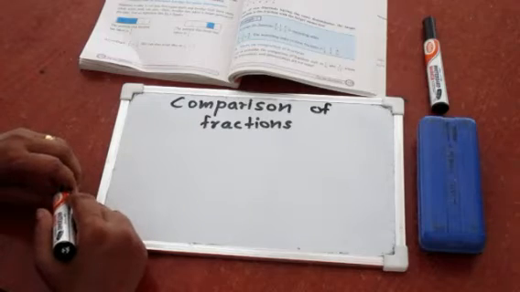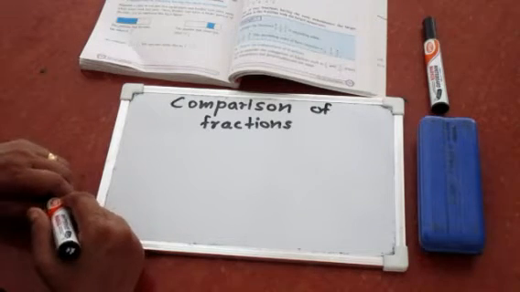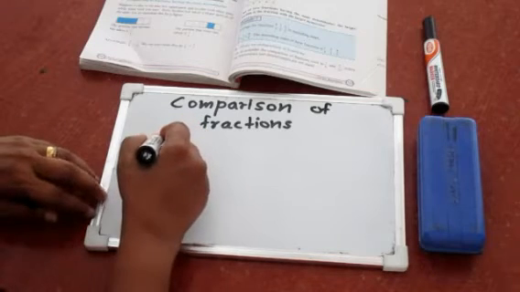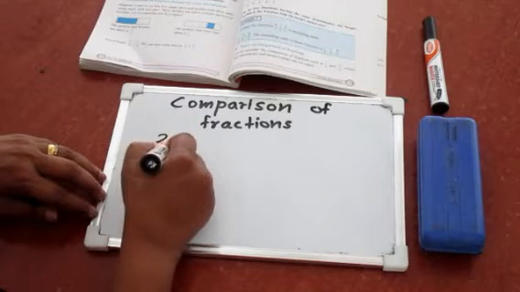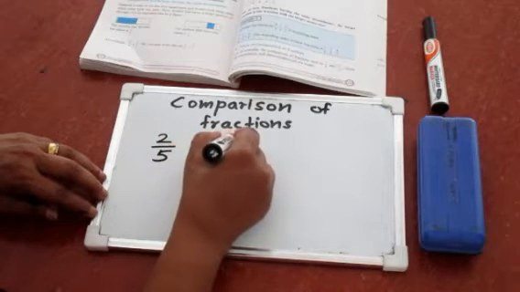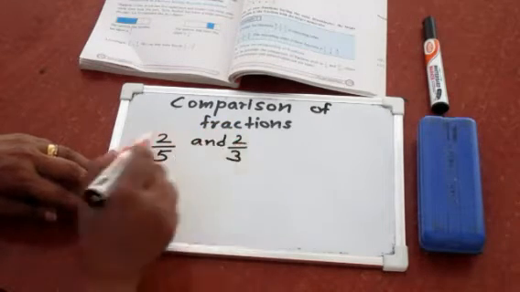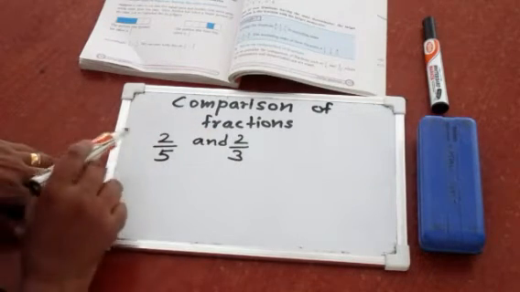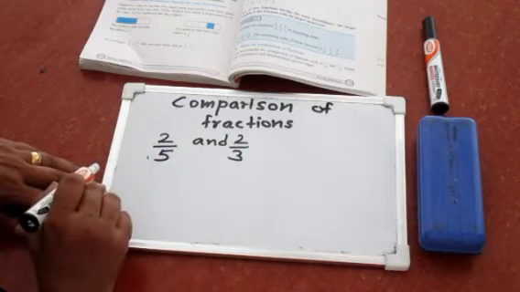Now we will compare the fractions having the same numerator. First we identify the fractions with the same numerator. Now 2 over 5 and 2 over 3. You can see the numerators of these fractions are 2. These are fractions with the same numerator.